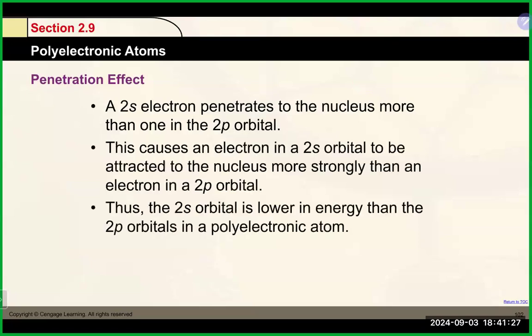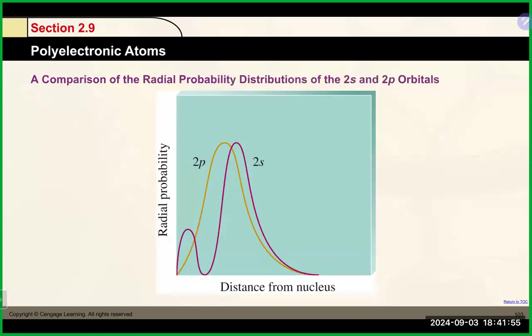In some cases, some of the orbitals will penetrate closer to the nucleus than others. Our 2s will be lower in energy than our 2p as it gets closer to the nucleus. And that's what we see with our 4s compared to the 3d. The 4s is able to penetrate closer to the nucleus based on its wave function than the 3d, which is why we put those electrons into the 4s first.